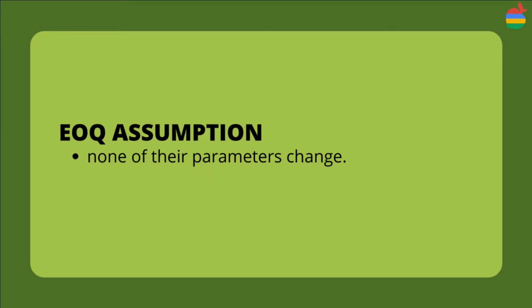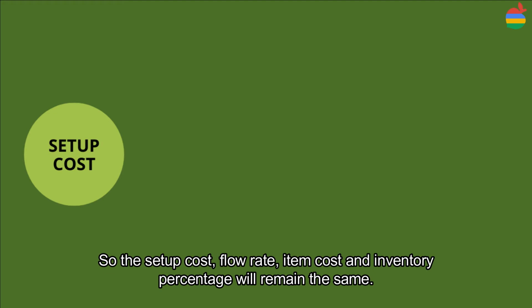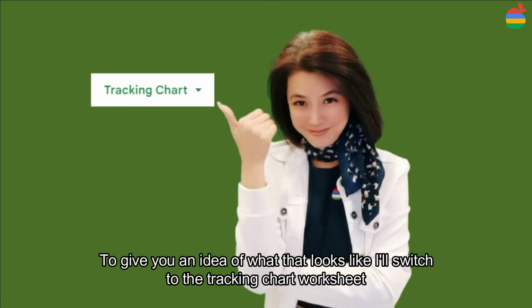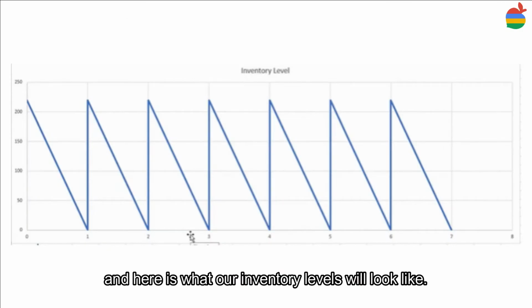And we are also assuming that none of the parameters change. So, the setup cost, flow rate, item cost, and inventory percentage will remain the same. To give you an idea of what that looks like, I've switched to the tracking chart worksheet, and here is what your inventory level will look like.